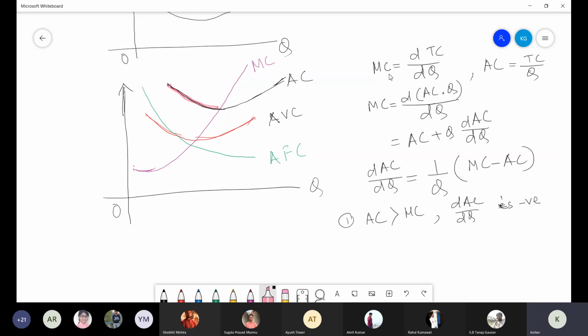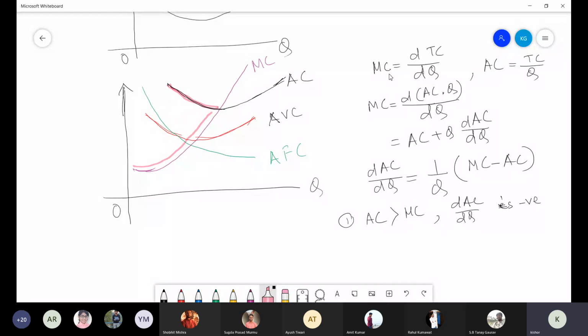This MC value is less than the average cost value, which means AC is more than MC. The moment AC is more than MC, the slope of the AC curve is negative.